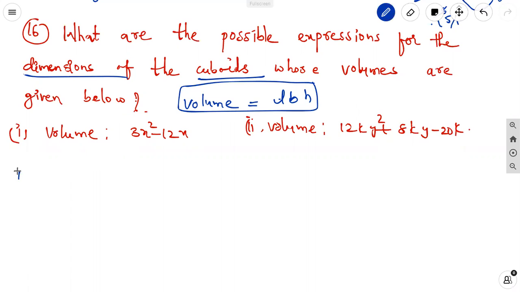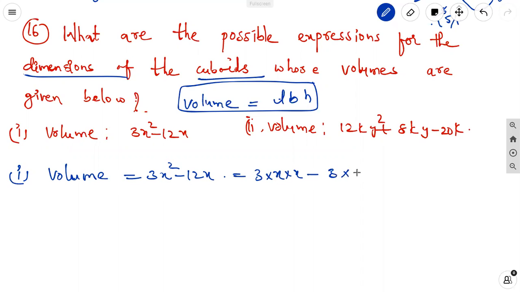The first one, the volume they have given is 3x square minus 12x. In this, you can observe it can be written as 3 into x minus 3 4s are 12 into x. 3 and x both are common, 3x, remaining term is x minus 4.